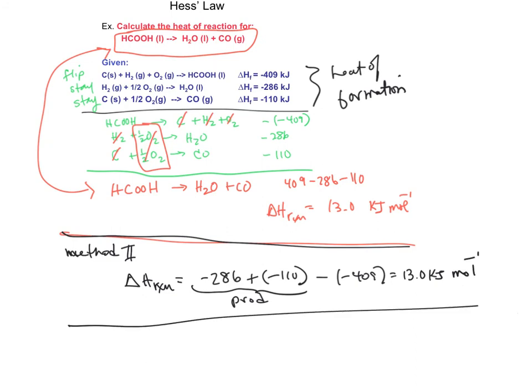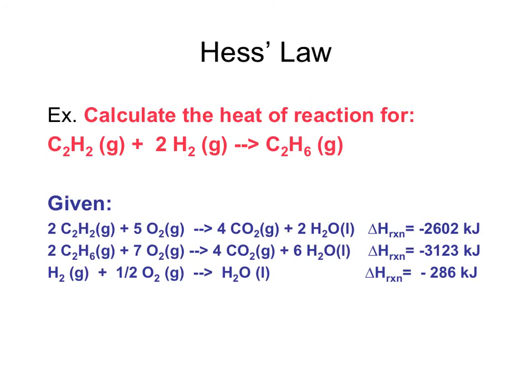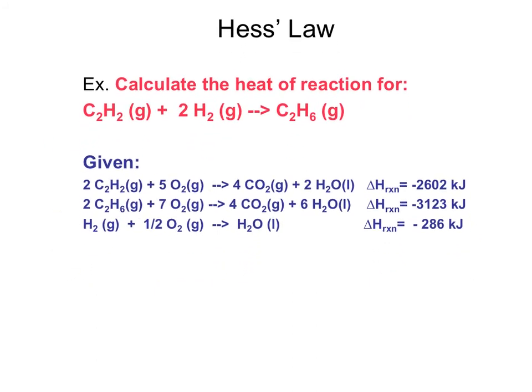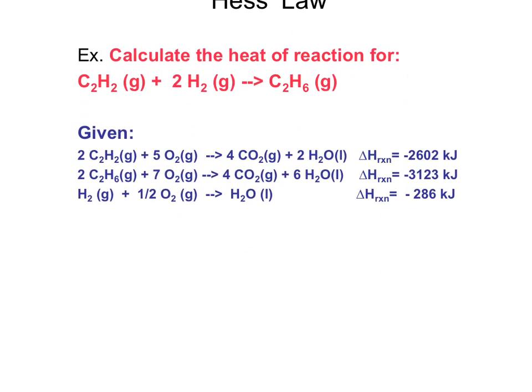All right, one more slide to go. This is going to be hard for delta H. Whoops, a difficult one. And I'm going to take a quick break. All right, last slide then is the most difficult example for the chapter. And you have C2H2, that is acetylene, reacting with 2 hydrogen molecules to form ethane, C2H6.